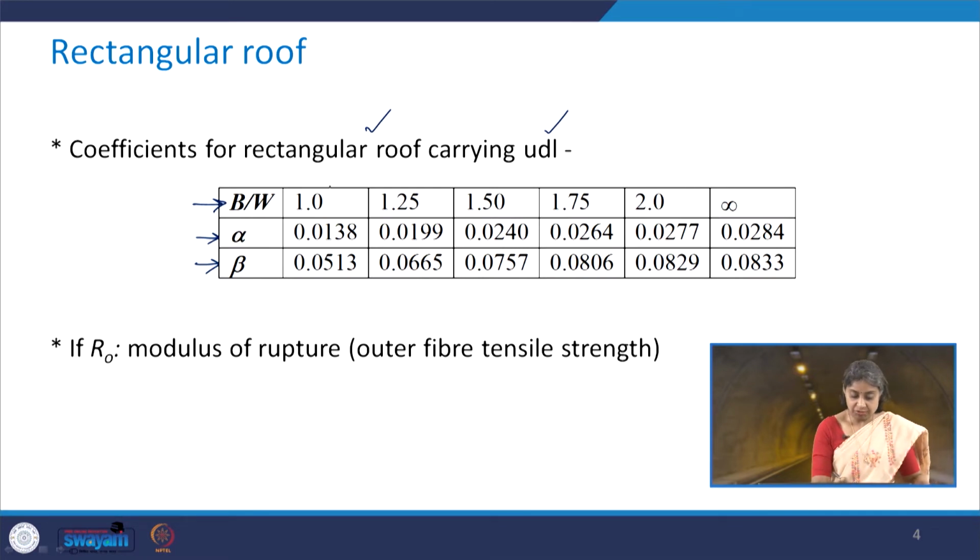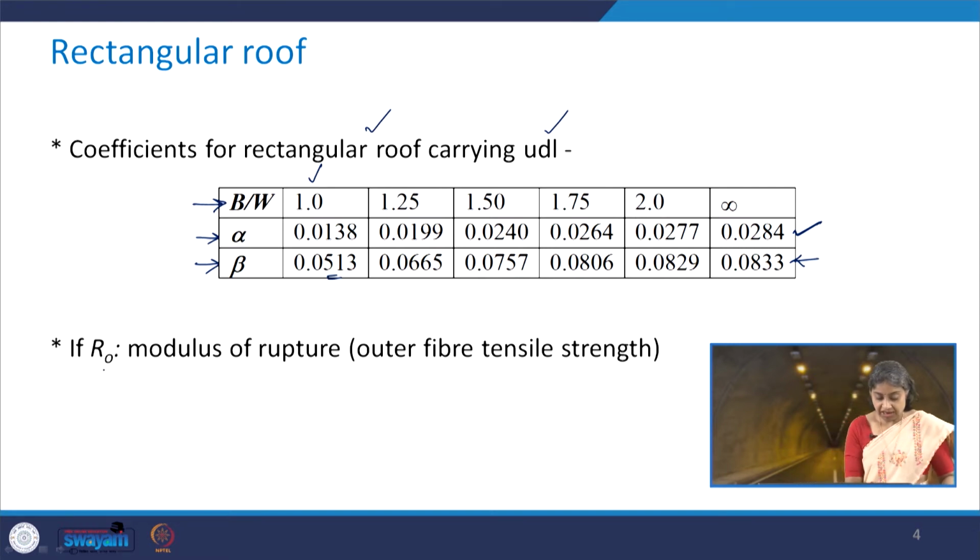If the ratio is 1, then alpha is 0.0138 and beta is 0.0513, and this beta increases to 0.0833 when B by W tends to infinity. Similarly, alpha increases to 0.0284 for the ratio B by W tending to infinity.